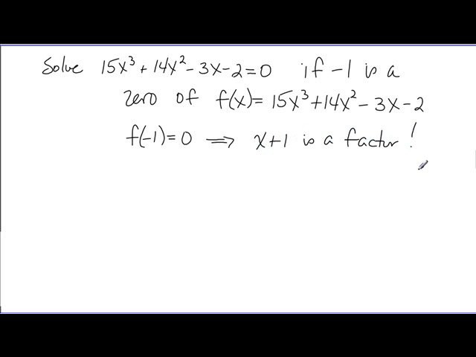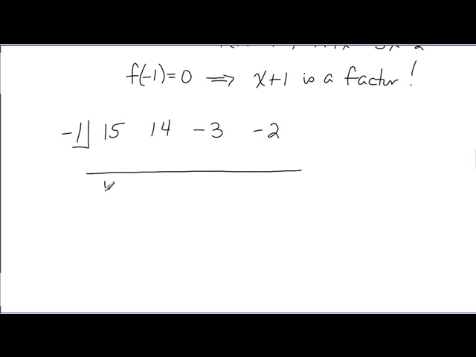So using synthetic division, we can factor out that x plus 1. Negative 1 goes in the box. Coefficients of your other terms go here. Bring down the 15, multiply by negative 1 and add, multiply by negative 1 and add, multiply by negative 1 and add.